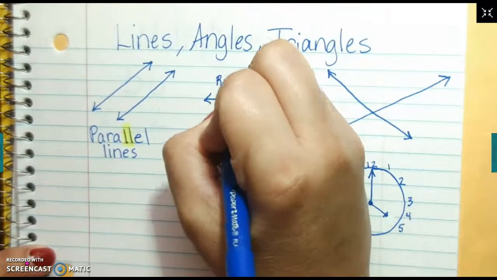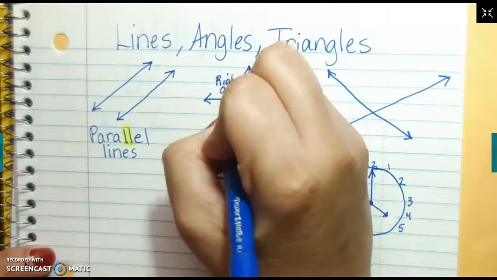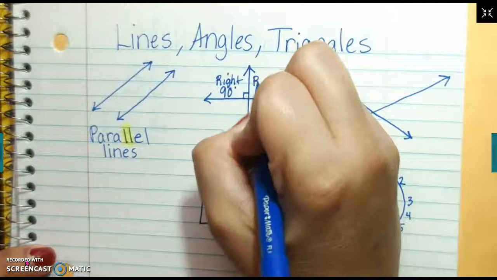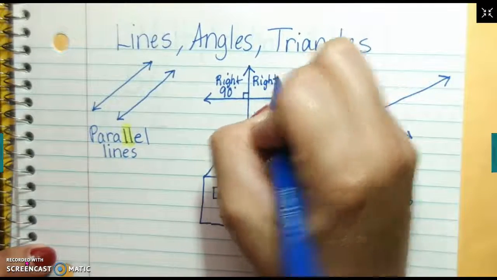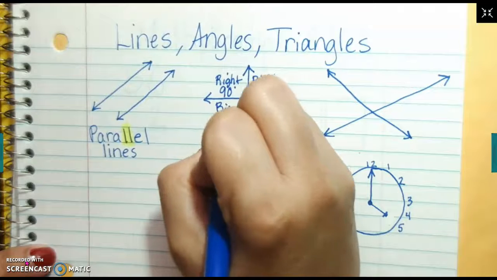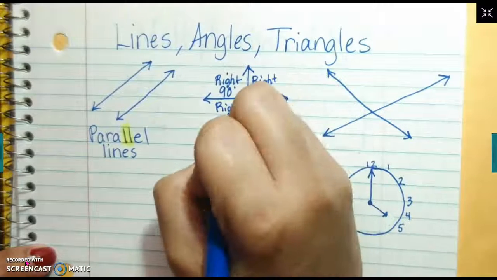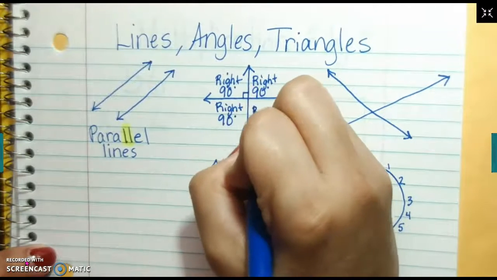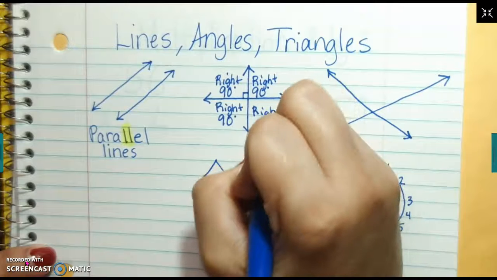So we call these a right angle, also known as a 90-degree angle. And so perpendicular lines create four right angles, and that's how you know they're perpendicular. 90 degree, a right angle, 90 degree.